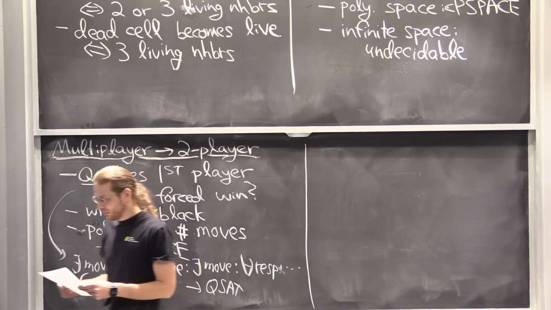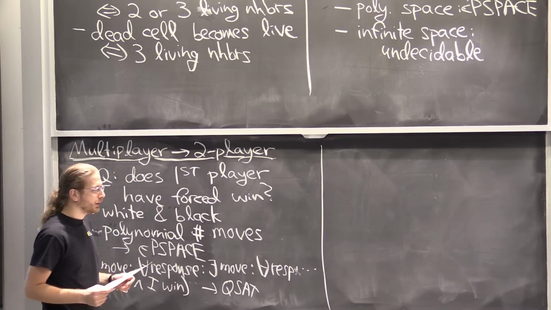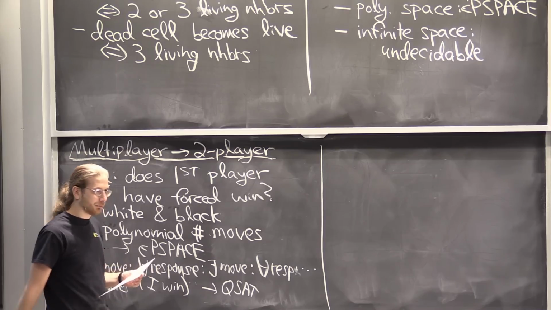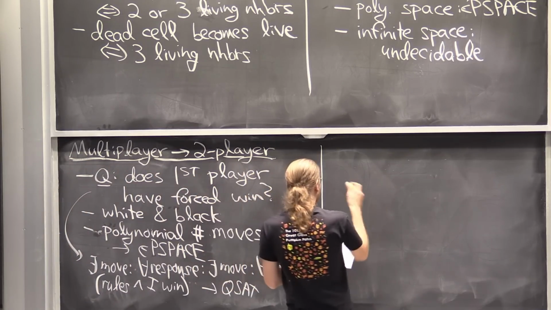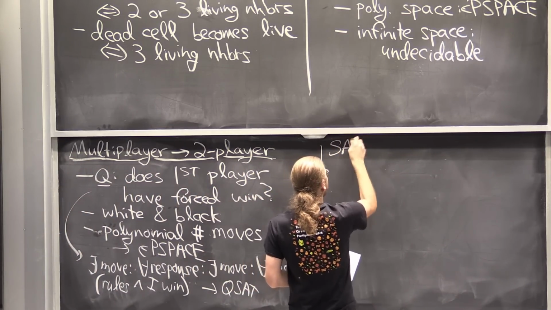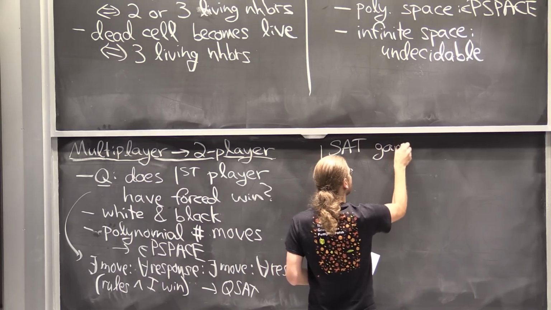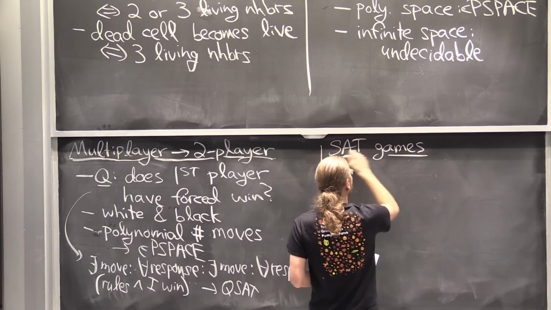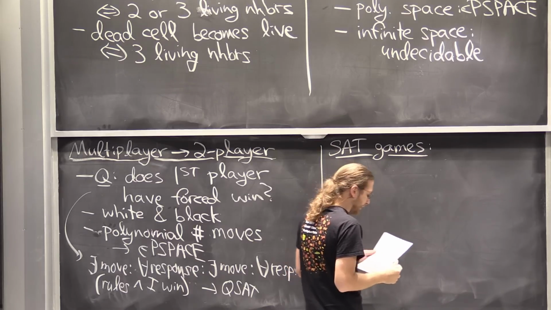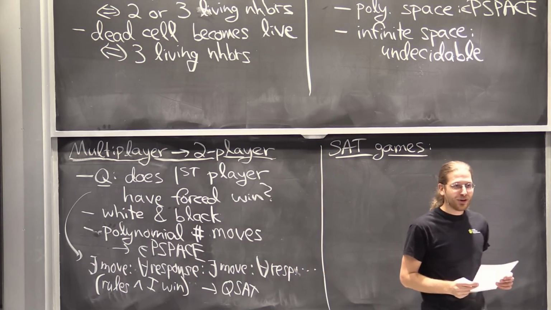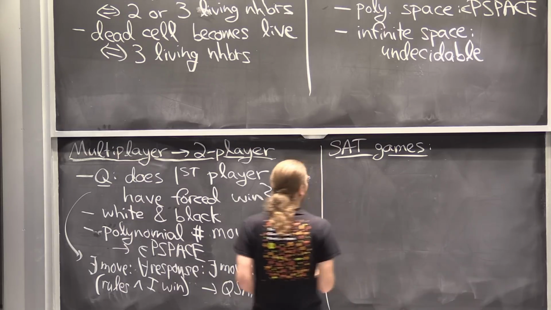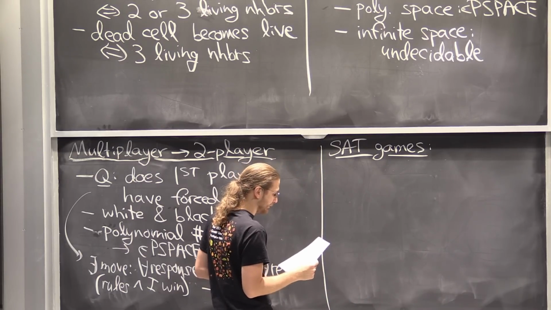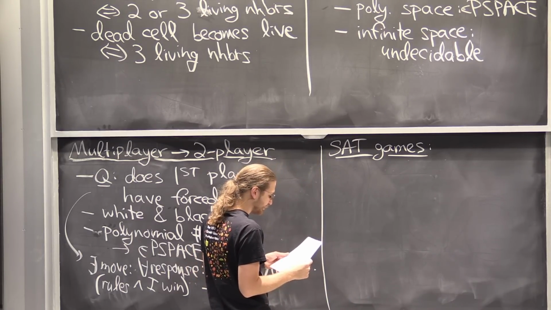So now we want to prove hardness. And first I want to give you some hard problems in this setting, starting with SAT-style games. This is from another paper by Schaefer, same guy who did the Schaefer dichotomy theorem. He also did some nice stuff on games.